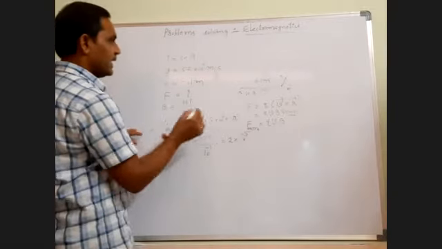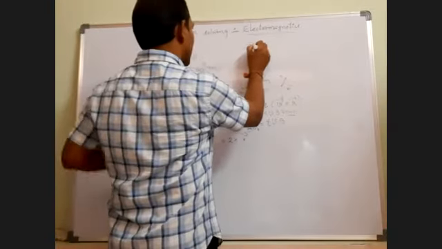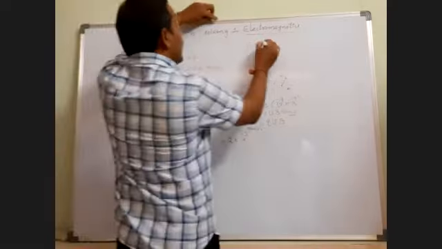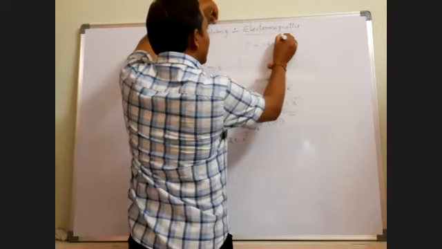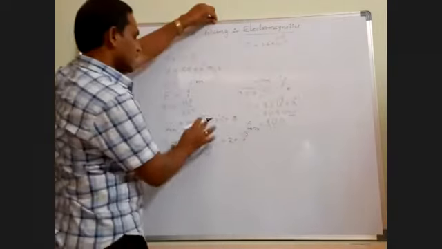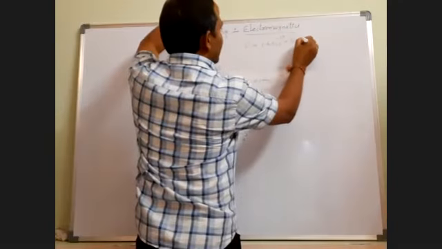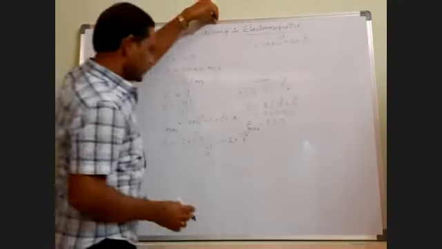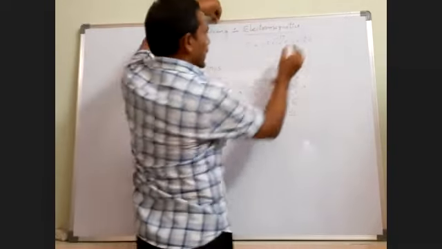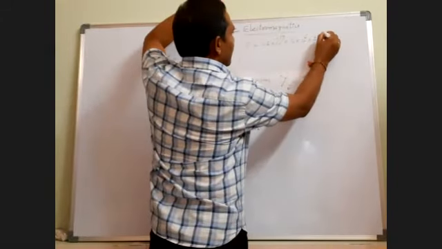So substituting here, we get F equals 1.6 into 10 power minus 19, into 5 into 10 power 6, into the B value, 2 into 10 power minus 5.